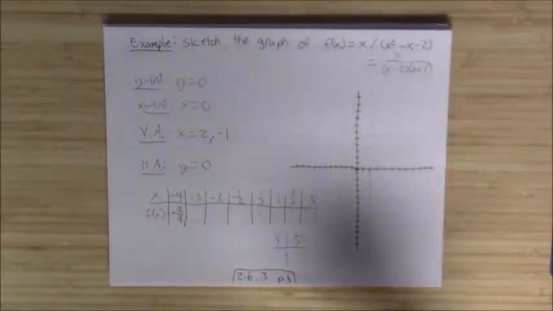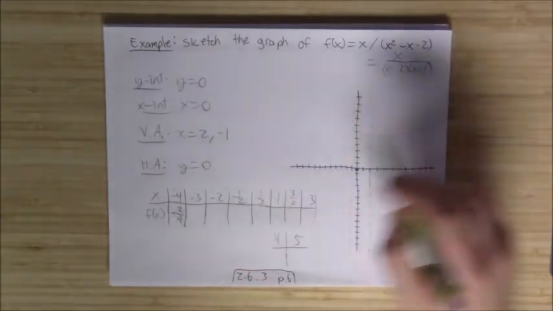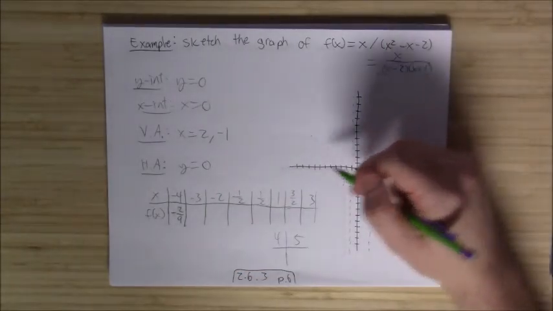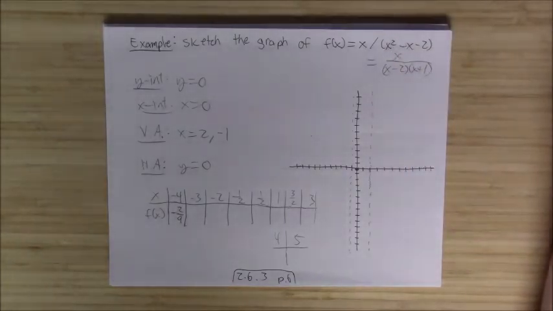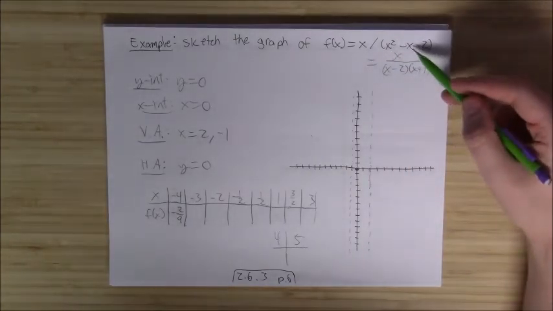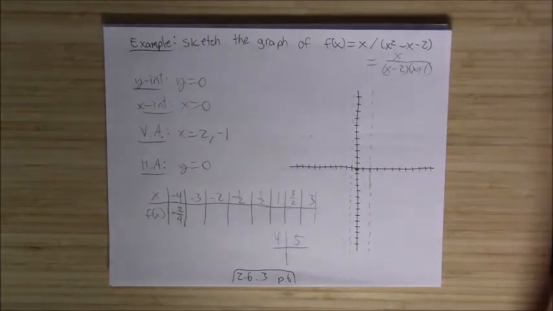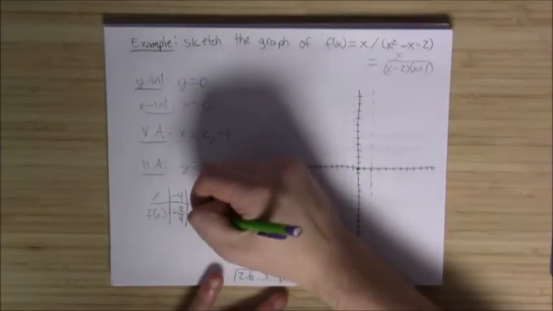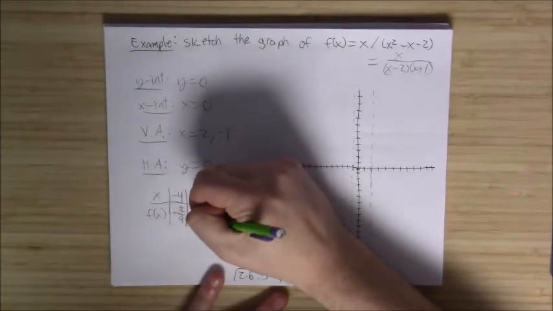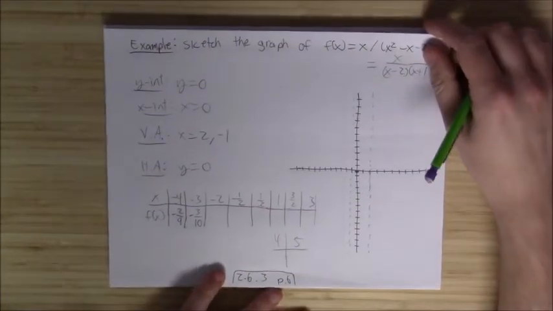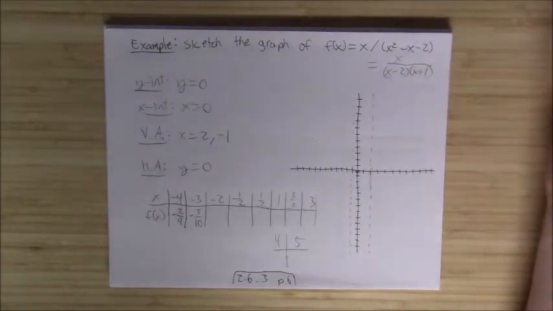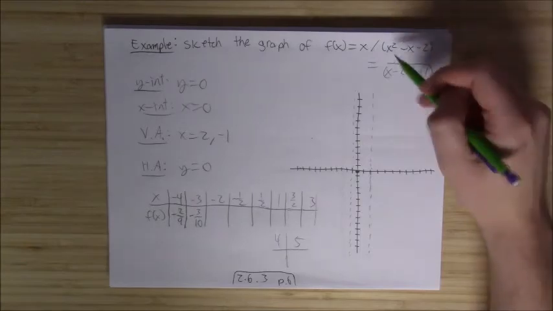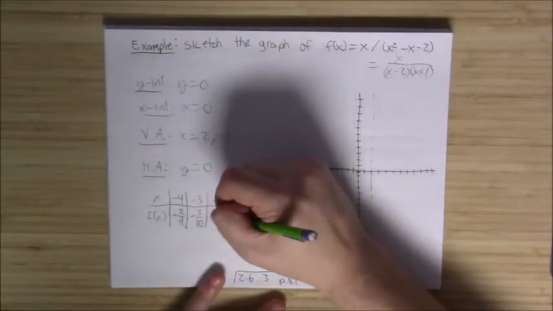We also have plugging -3 in, we get -3 over 9 plus 3 is 12, minus 2 is 10, so -3 over 10. If we plug -2 in, we get -2 on top, and on the bottom 4 plus 2 is 6, minus 2 is 4, so -2 over 4, so -1/4.